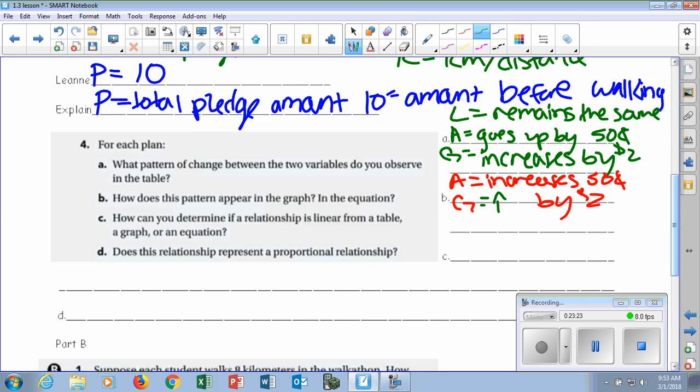And then lastly, we have Leanne again. What is Leanne doing? Gracie? Remember what we said with Sam earlier. If she's going up by 0, she's not really going up. Is there a change? No, there's no change. She's remaining the same.